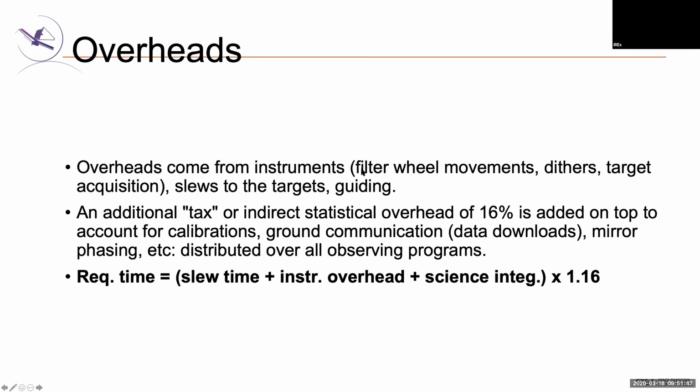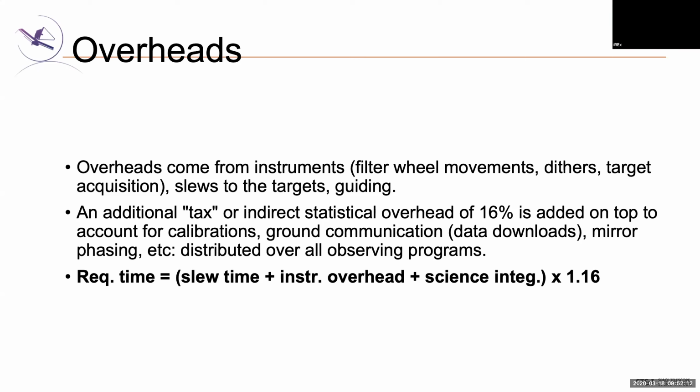So on top of that, you have the so-called indirect statistical overhead of 16%. So a tax, essentially: you take all of your science time plus overheads and you multiply by 1.16. And that's to account for the calibrations that the James Webb project needs to do, the ground communication to download data, and the phasing of the mirrors.